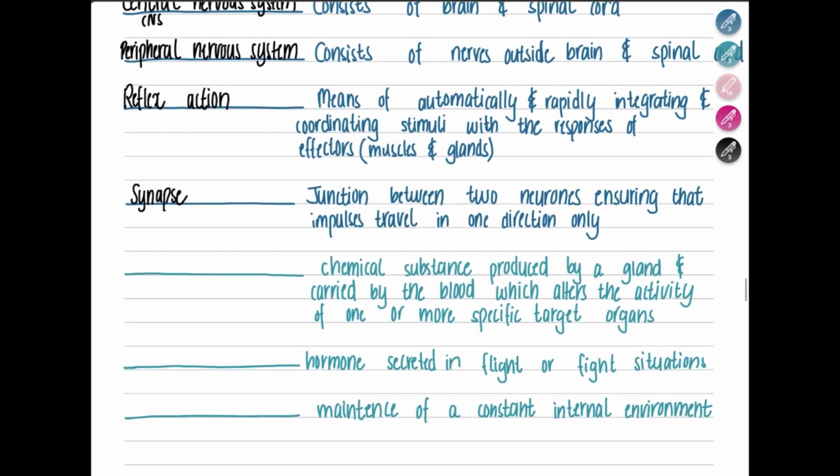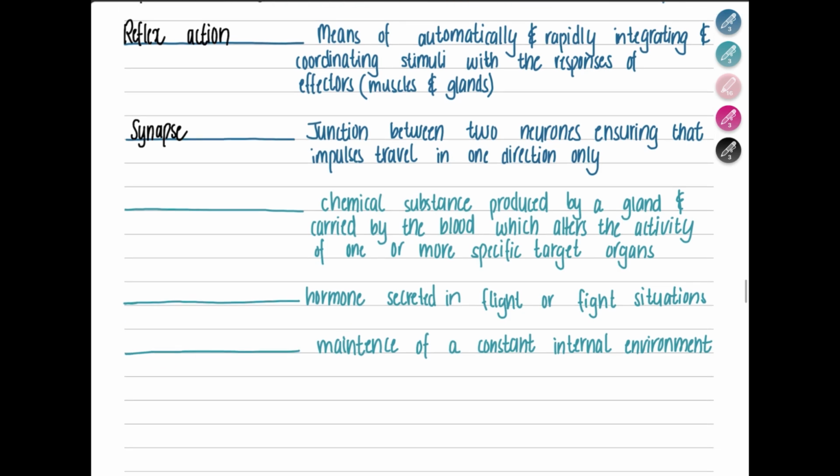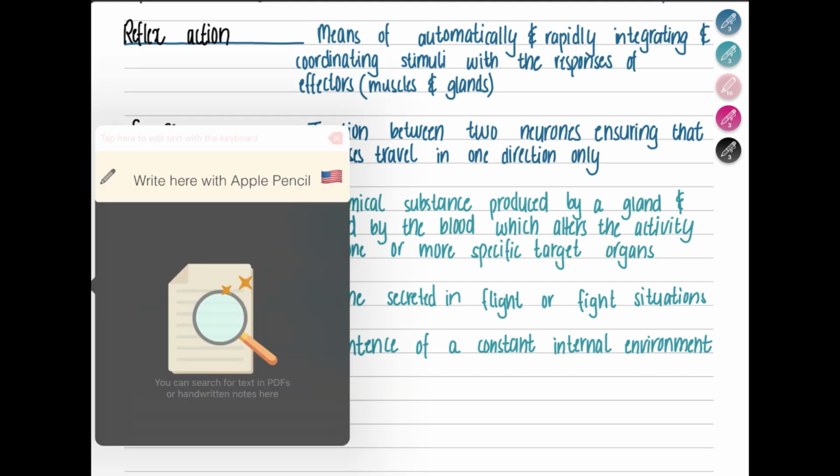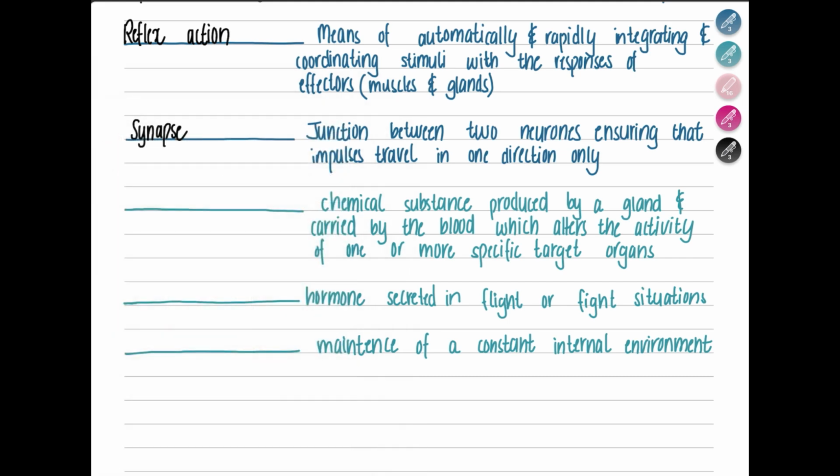Next. Dash is a chemical substance produced by a gland and carried by the blood, which alters the activity of one or more specific target organs. So it's a chemical substance. It's going to be a hormone. A hormone, for example, we can say insulin. Insulin is produced by a gland, pancreas, and it is carried by the blood.